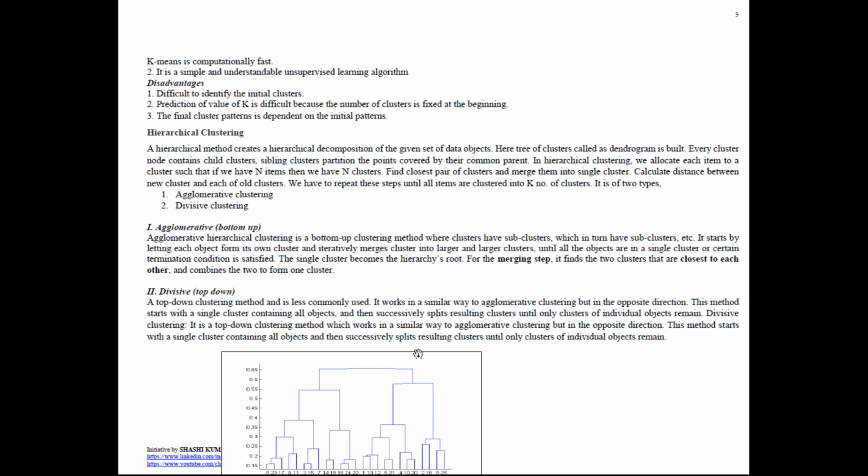From the top, I have all the objects set together and then successively split the resulting clusters until only clusters of individual objects remain, so all the sample points till the very end.